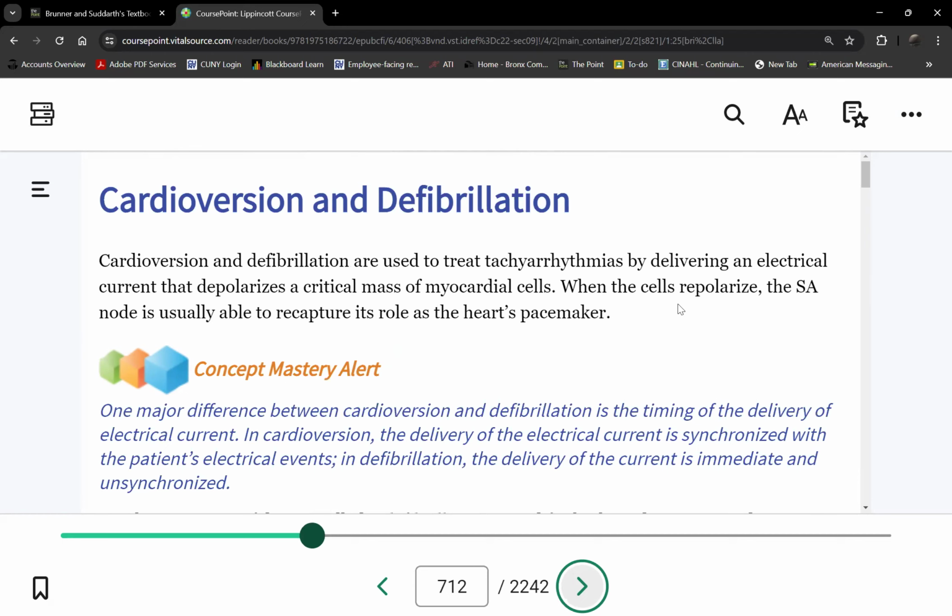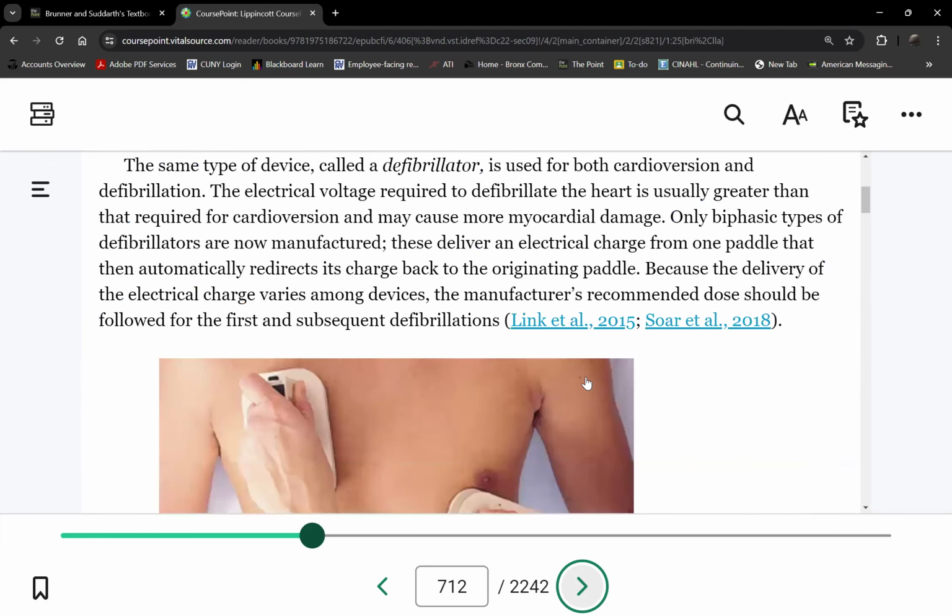So what makes the equipment a cardioverter? You turn on the synchronized button. Once the sync button is on, when does the machine deliver the shock? At the peak of an R wave. If it's a defibrillator, when does the machine deliver the shock? Whenever you press the button. Okay, very good.